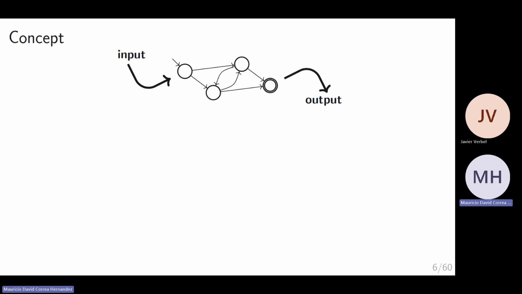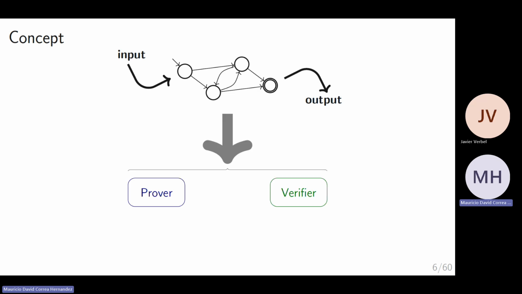Okay, so let's get a conceptual overview first before I dive into the compilation pipeline. So we have a virtual machine, which is the diagram in the middle. We feed an input to the virtual machine, and the virtual machine produces an output. And that's how we decide to represent our computation.